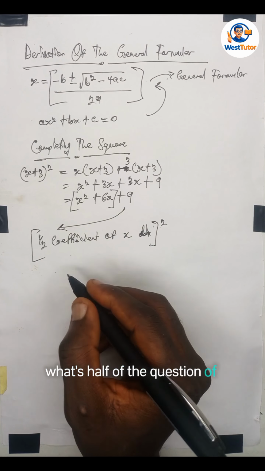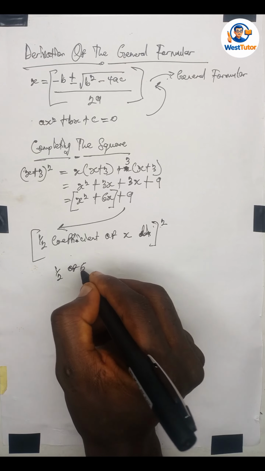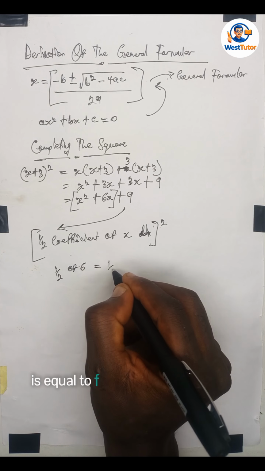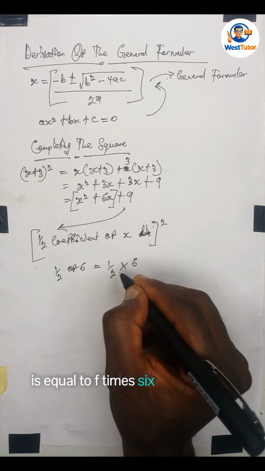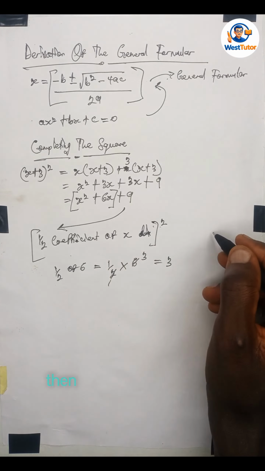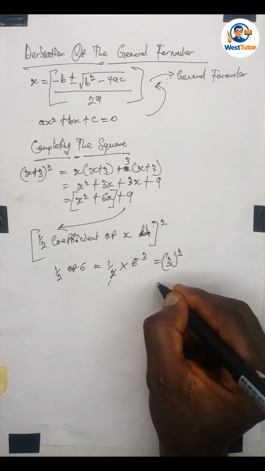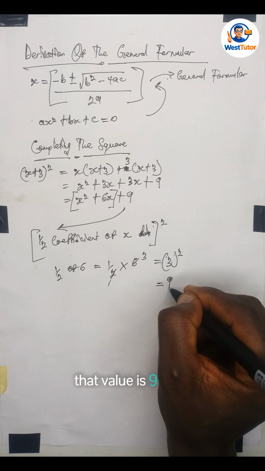What's half of the coefficient of x? That's 6. Half of 6 is equal to half times 6: 2 here 1, 2 here 3. That's 3. Then you raise it to the power of 2. That value is 9. Good.